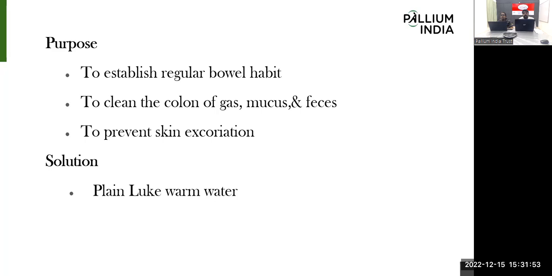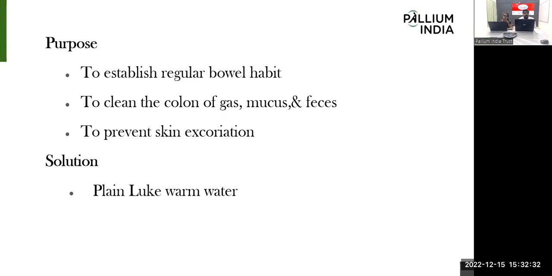Whenever there is a bowel movement, fecal matter, mucus, or gas may come outside. So we can clean the whole colon at a time with irrigation. Bowel opening in between can also cause skin excoriation. But here we fully wash out, flush out, and irrigate the whole colon at a time, so in between the fecal matter will not come. So we can do it for prevention of skin excoriation.